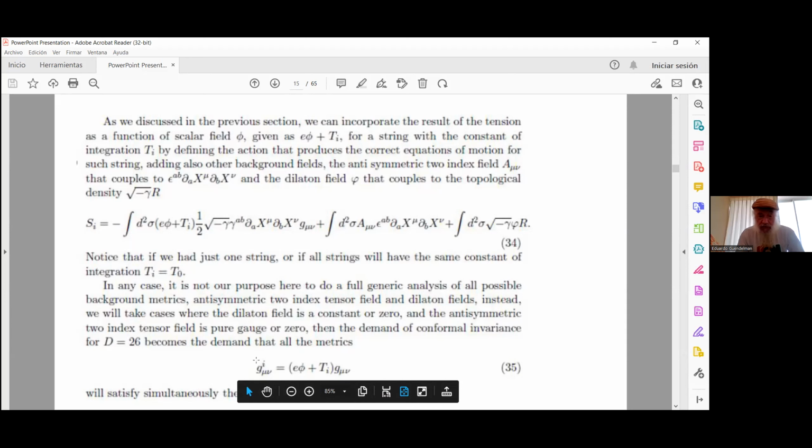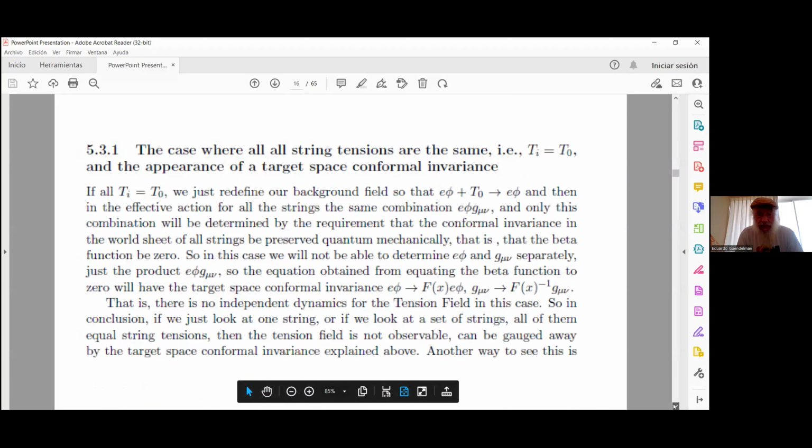But if I were to quantize the theory and impose that the beta function is 0, the one that will satisfy the Einstein equation is not the embedding metric, it is rather this metric. And if I have two types of strings, there will be two types of metric that will satisfy the Einstein equation, and they will be conformally related, right?